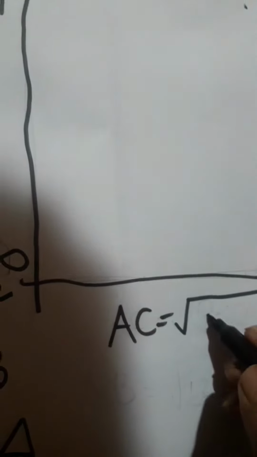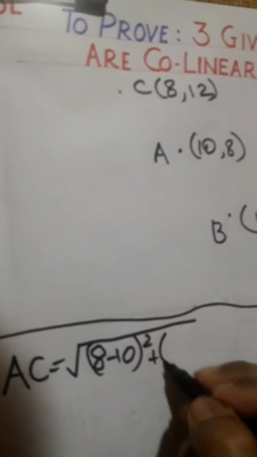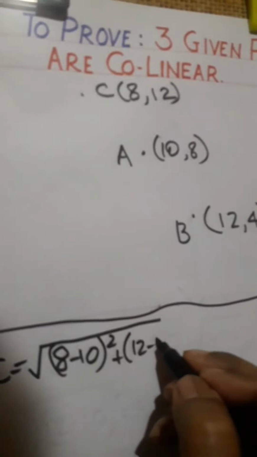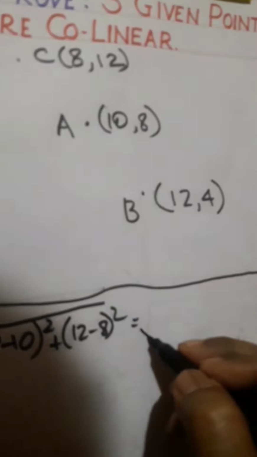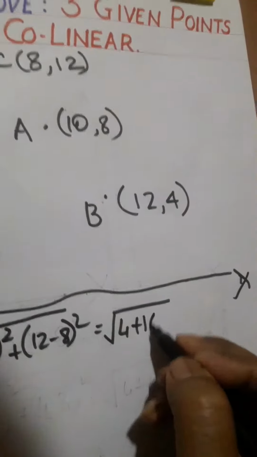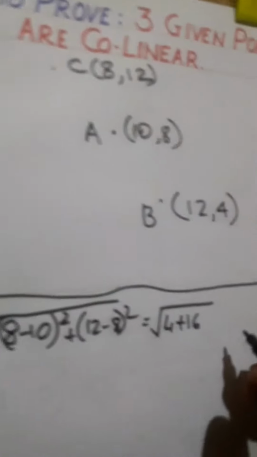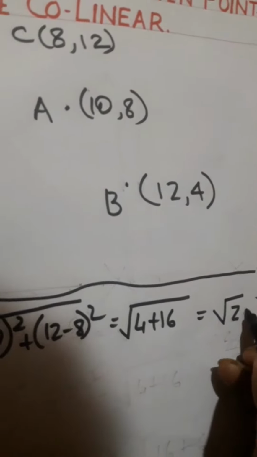What will be AC? It will be root of 8 minus 10 whole square plus 12 minus 8 whole square, equals root of 4 plus 16, that is root of 20.